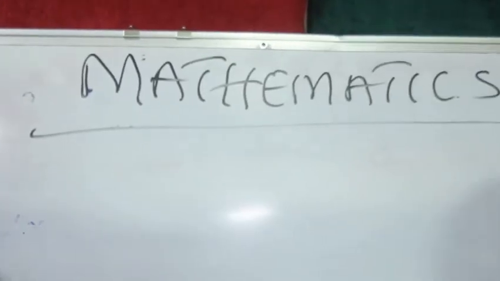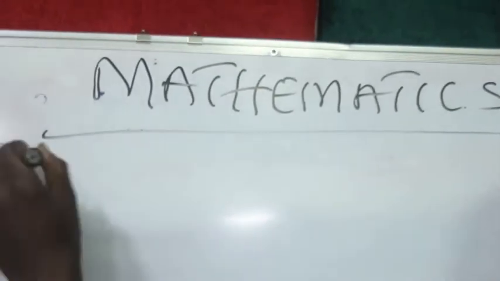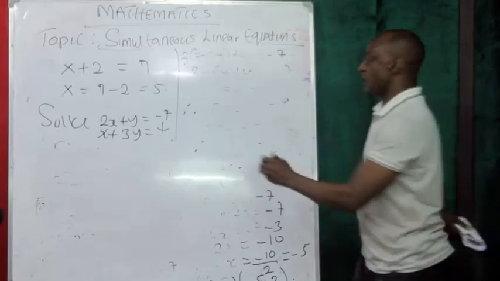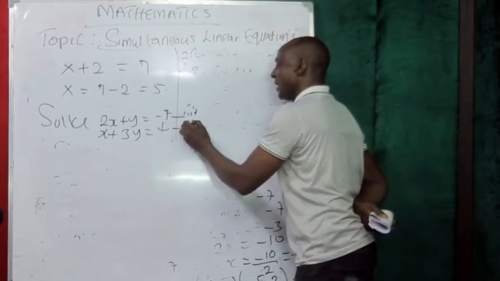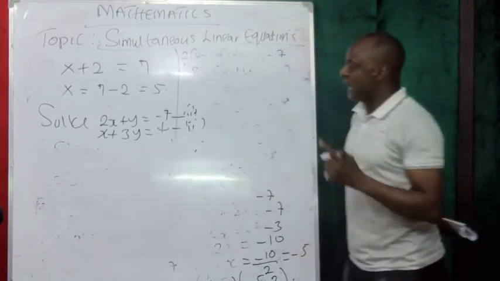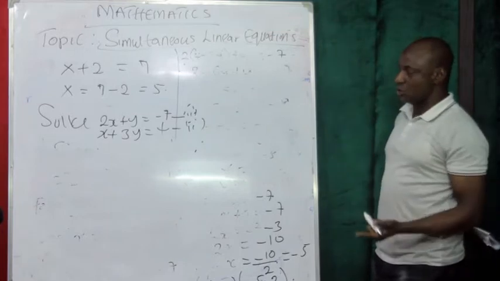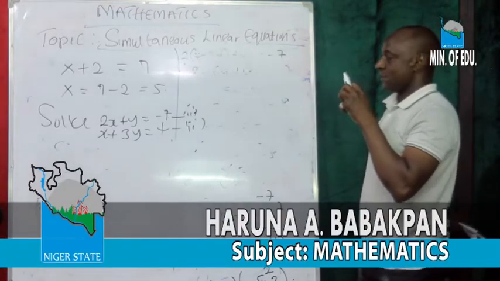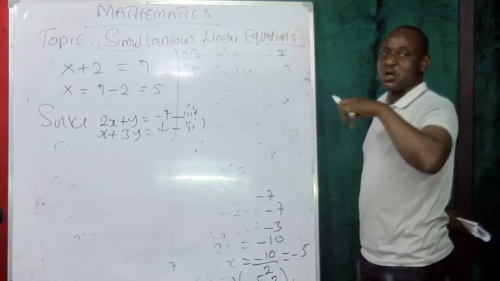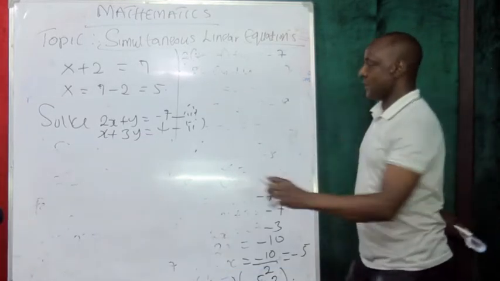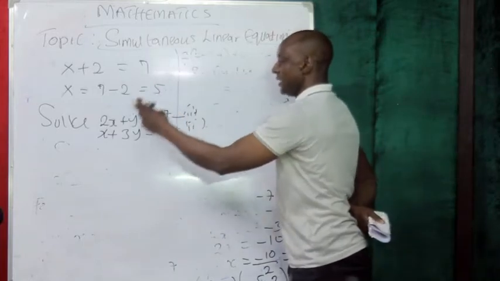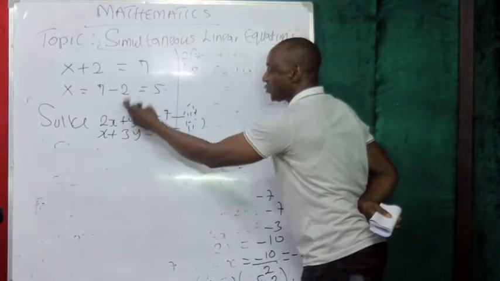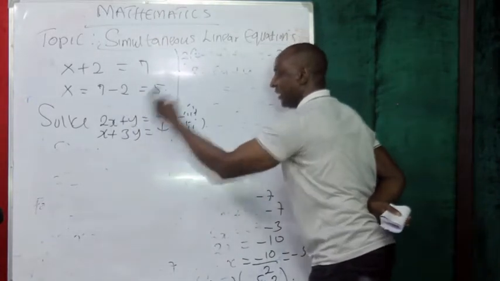So, if you are using the elimination method, the first thing that you are going to consider, as usual, is you name your equations as 1 and 2. Having labeled your equations as 1 and 2, you look at the coefficients of the variables there. So that if there is need for you to subtract, the coefficient of x here is 2, x here is 1, and y here is 1, and y here is 3.